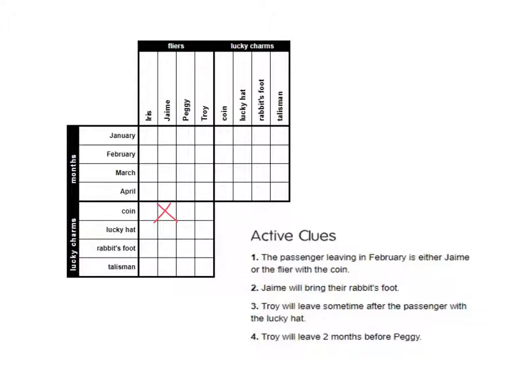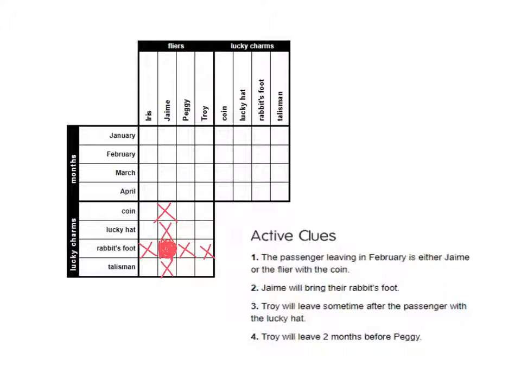Well, okay. That just told me then, flat out, Jamie's rabbit's foot. So what I do is I shade that box in. And that's going to be the answer that I need. Jamie, rabbit's foot. They go together. Which also means that Jamie is none of these, and rabbit's foot is none of these.